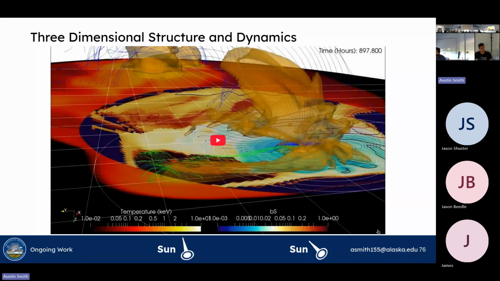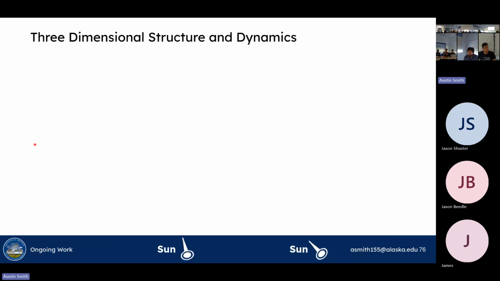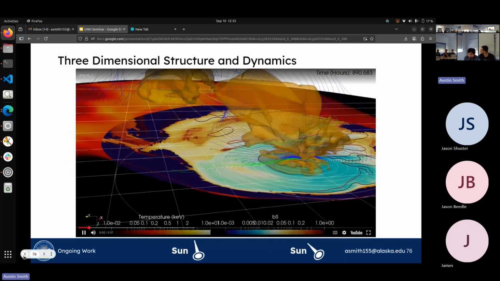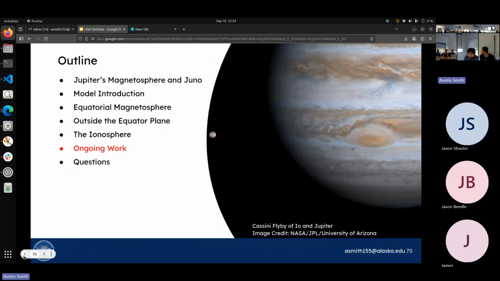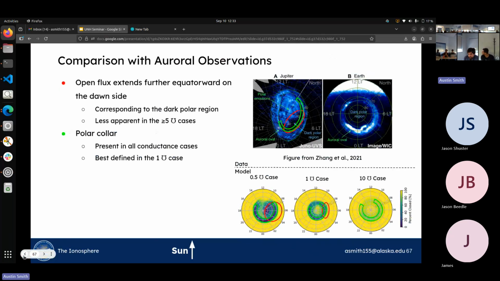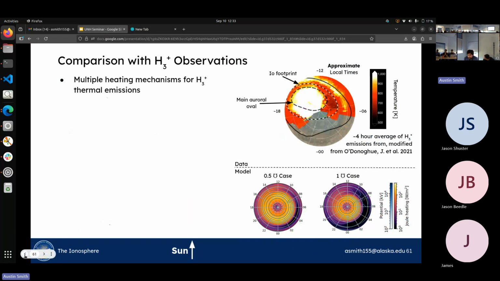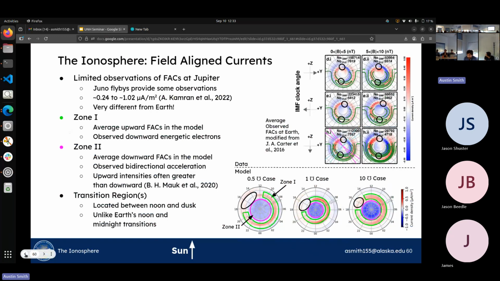Any last questions? Oh, sorry, where we talked about the field line current, there was a little 2D map highlighting the regions, the zone, right? And then right after that, a similar kind of 2D plot, but showing the heating.